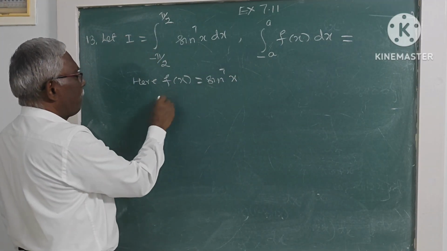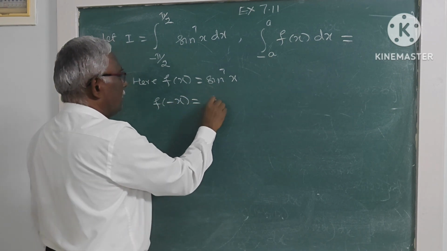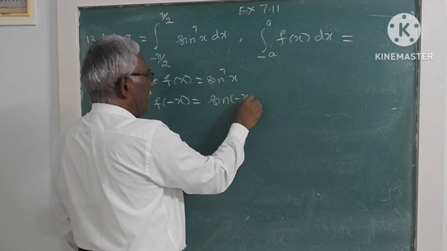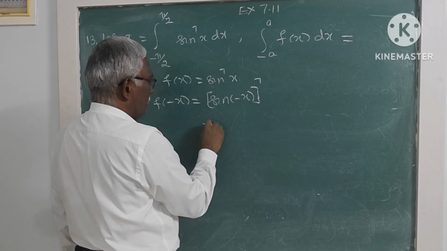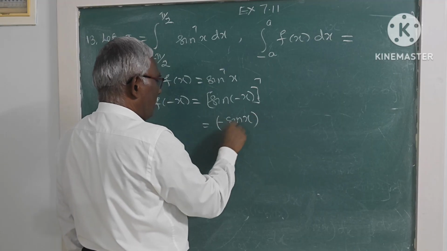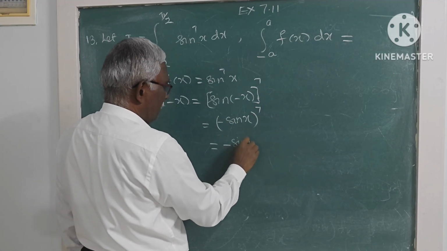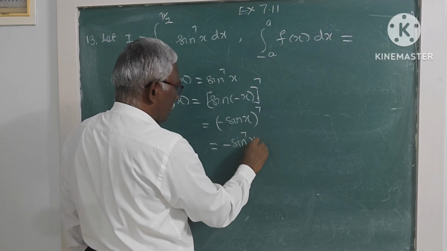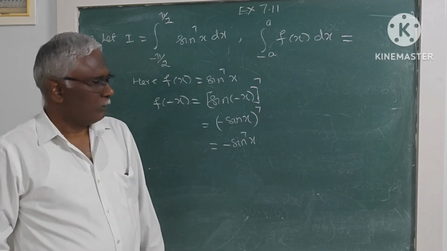And f of minus x is sine of minus x power 7. So minus sin x power 7. So this is minus sin x power 7.